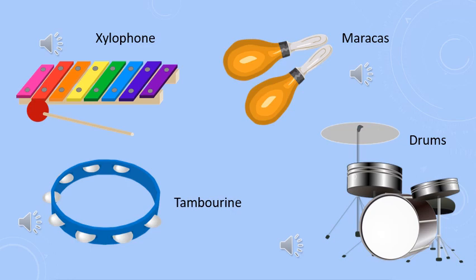This steady beat was made by drums. Here is our final percussion instrument. And these sounds were made by the xylophone.